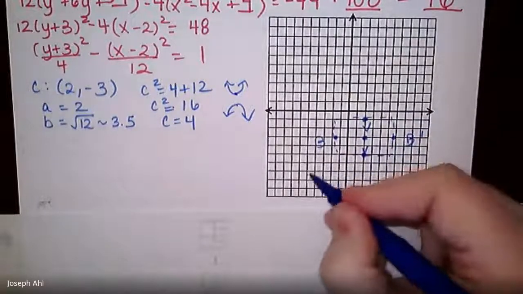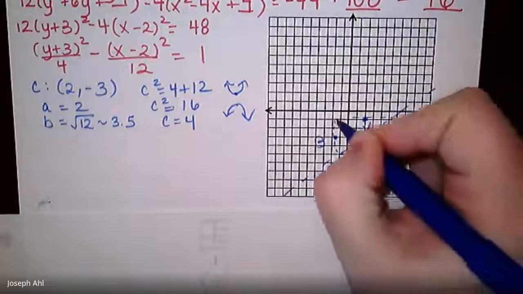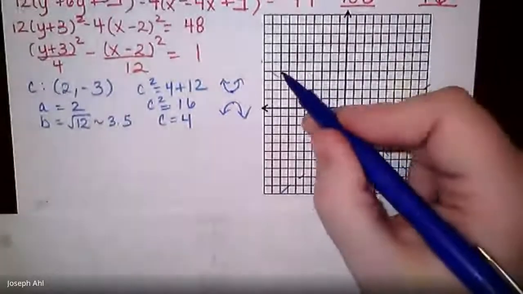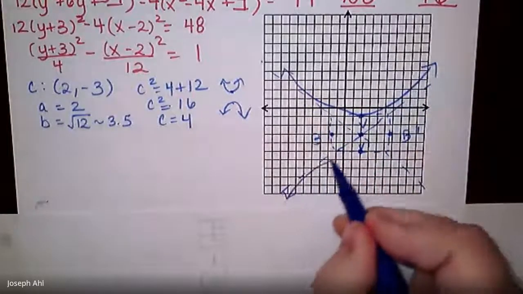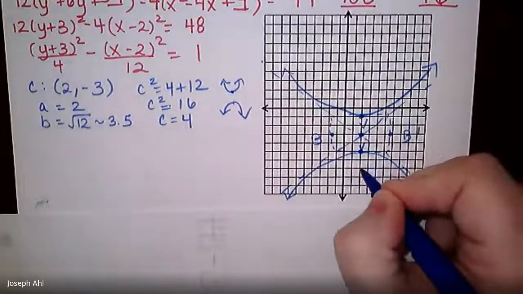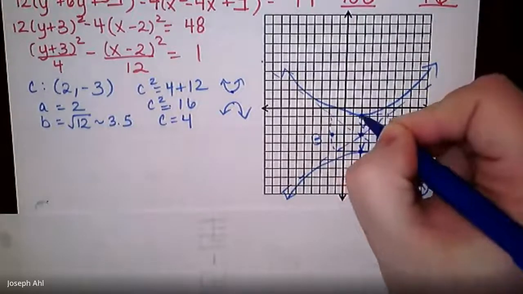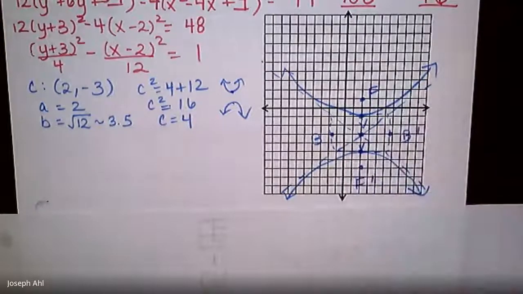Draw on the asymptotes. You can actually at this point now draw the hyperbola in. Okay, the foci are actually 4 away, right? Okay, so there's my complete picture.